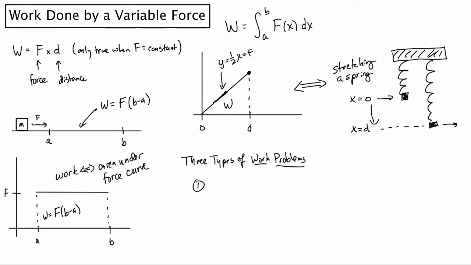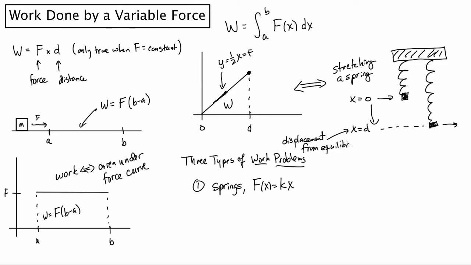We've just talked about one, and that is problems that involve springs or spring-like motion. With springs, the force is always proportional to the displacement. So remember that the x variable here for a spring problem is the spring's displacement from equilibrium.